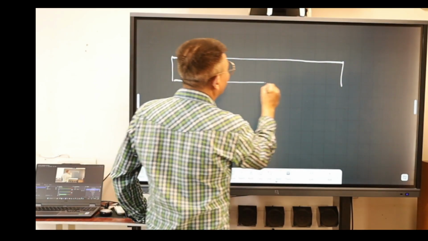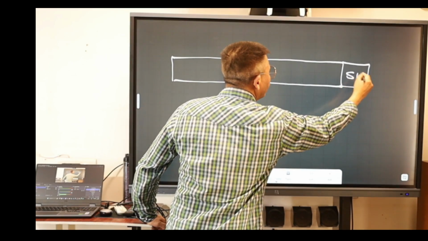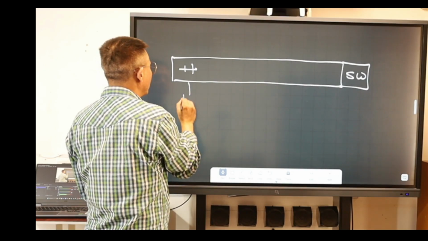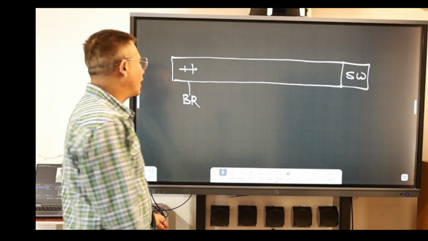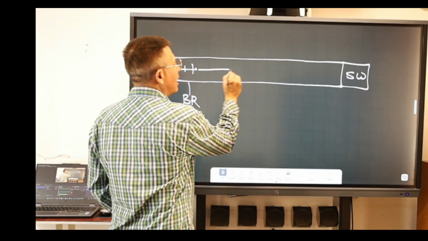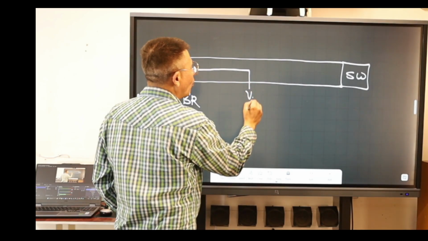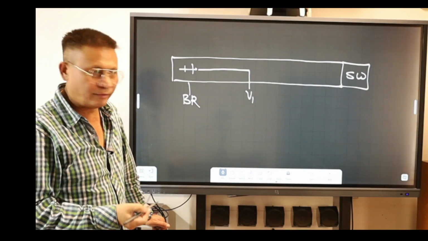So now this is the runway, and let's consider that this is the stopway. Here the aircraft is lined up, and this is the brake release point. From the brake release point, the aircraft will accelerate till it reaches V1 in this case, because we are not considering the engine failure.